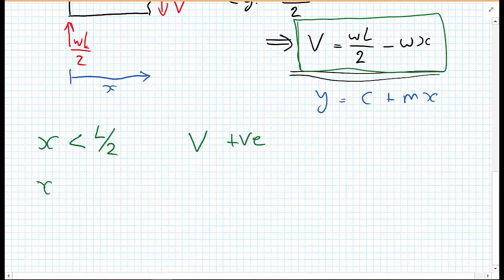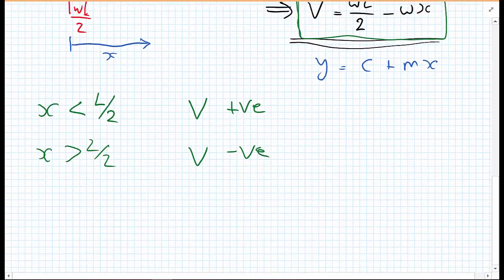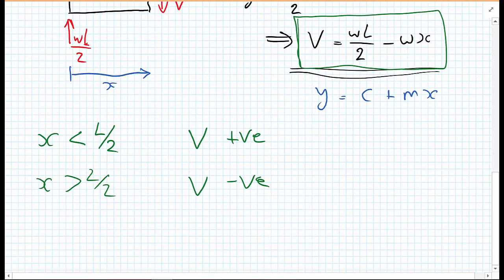At x greater than L upon 2, we have the converse situation, where we have WL upon 2 minus W times something bigger than L upon 2, and therefore V is negative in this portion of the beam. We'll even look at the special case where x is equal to L upon 2.